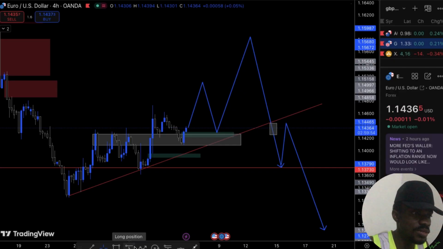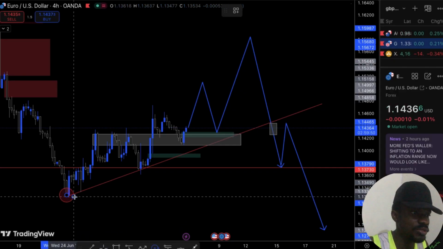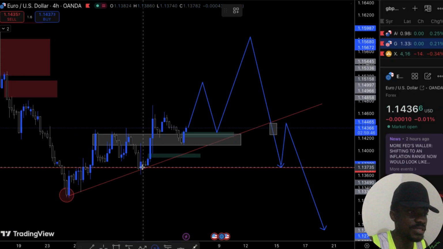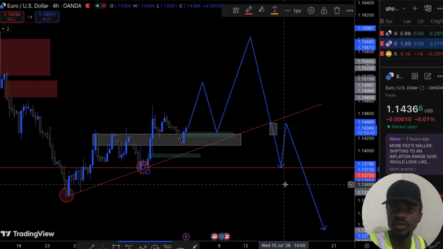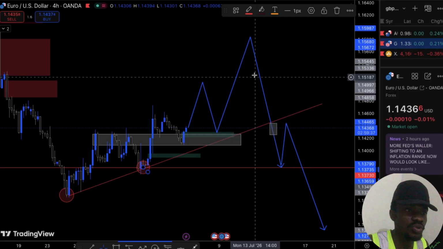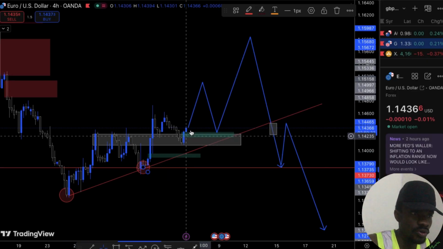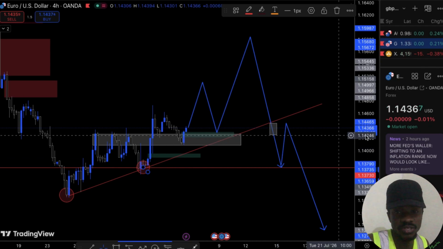So let's say with this simple one, this will be our first point, then this will be our second touch, then the third one is definitely going to break the trend. So we are anticipating, like I said, if you don't want to continue this trade with the trend line, then we are anticipating the downtrend.